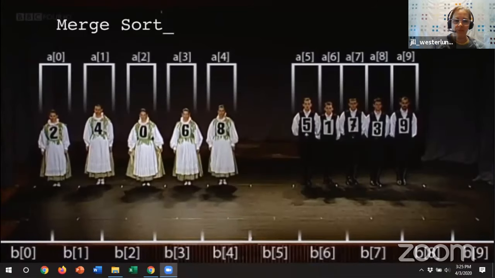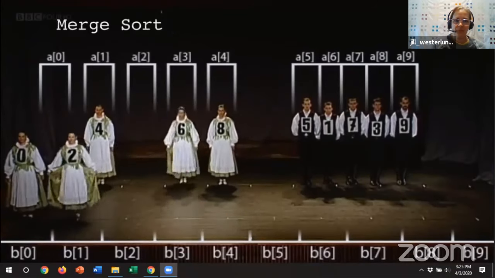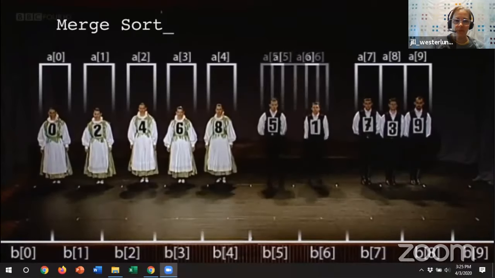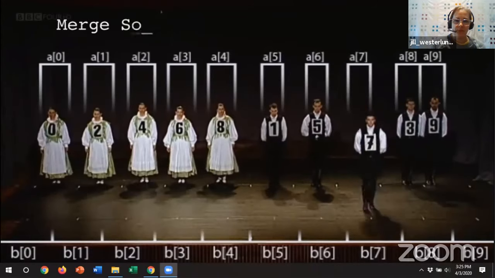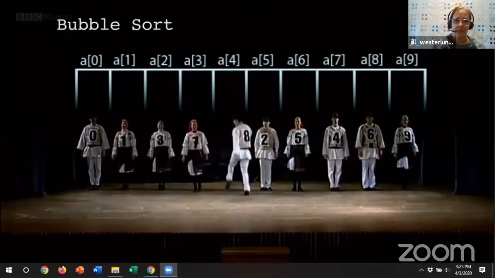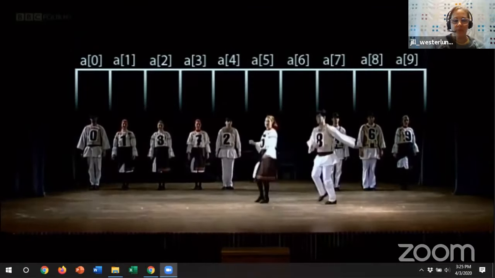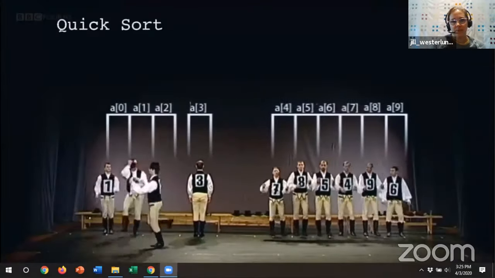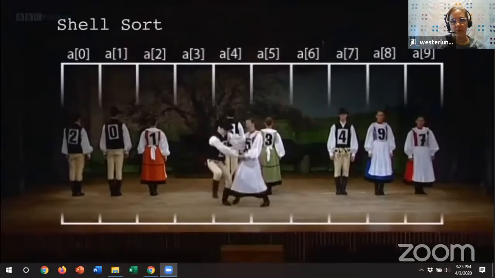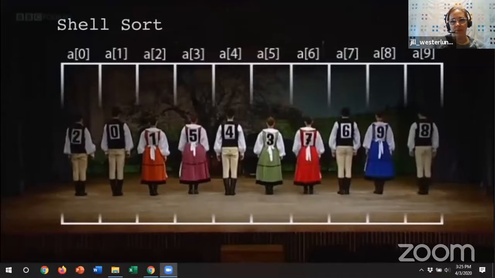Merge sort beats bubble sort hands down for sorting large amounts of data. But in the crazy world of algorithms, there are many, many different ways to sort. At the last count, there were over 20 different types of sorting algorithms, all weirdly achieving the same result, but by different means.